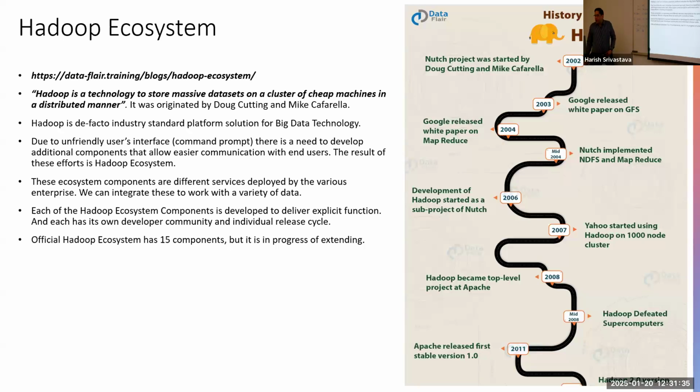These ecosystem components are different services deployed in various enterprises. So when I talk about the Hadoop ecosystem, basically it means an integration of all the applications which can be hooked up. It's like a hub. You have a core system and every application can plug and play with that core system. That's the integration of the Hadoop ecosystem. Each Hadoop ecosystem component is developed to deliver an explicit function, and each has its own developer community and individual release cycle.